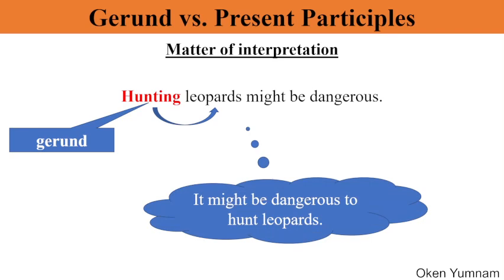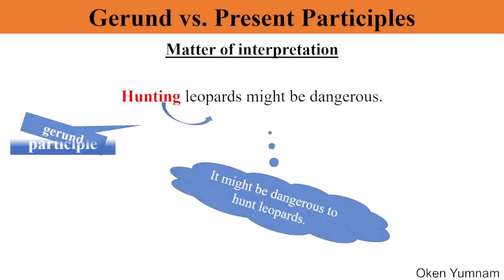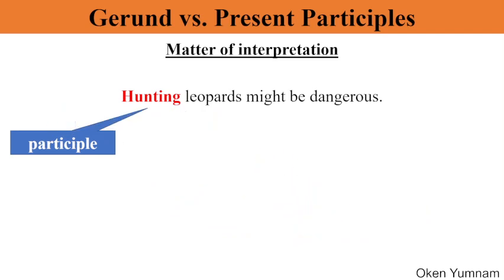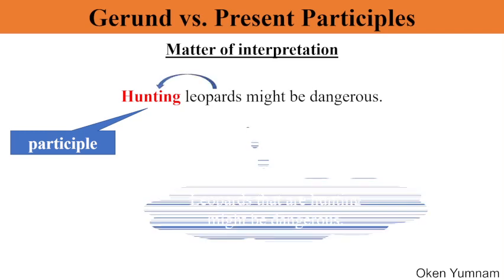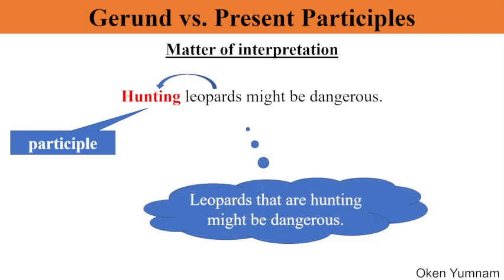But if hunting happens to be a participle, it's acting as an adjective, meaning it's the leopards that are hunting. So this sentence would mean leopards that are hunting for prey might be dangerous. So it is a matter of interpretation, how we want to mean what we say, whether the verb is a gerund or a participle.